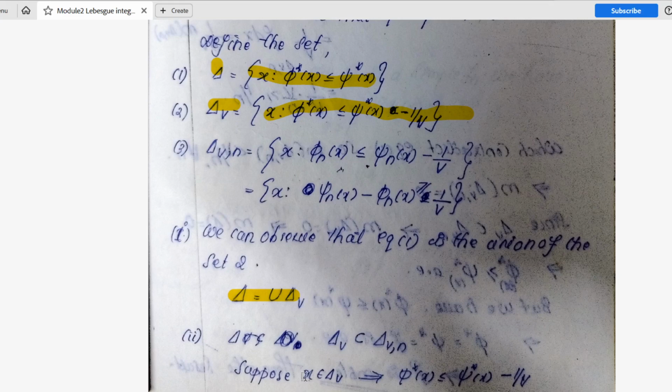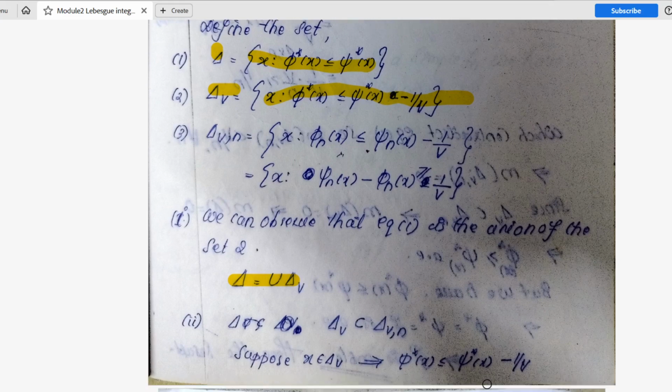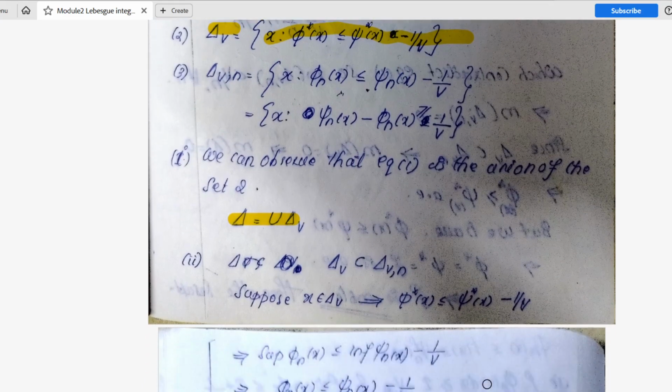And suppose x belongs to delta v, then phi star of x is less than or equal to psi star of x minus 1 by v. Then the supremum of phi n of x is less than or equal to the infimum of psi n of x minus 1 by v.